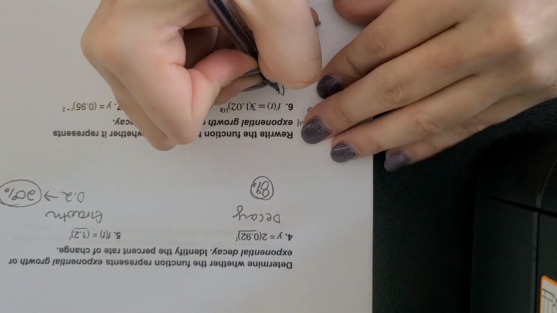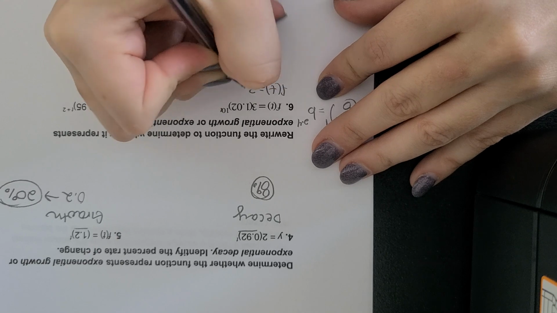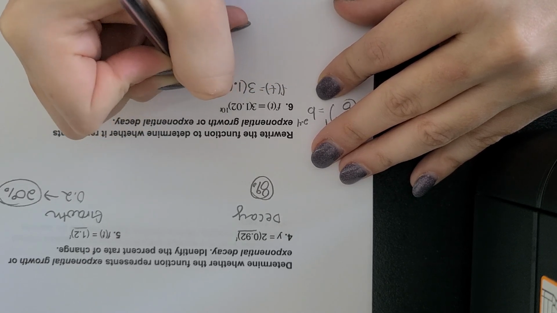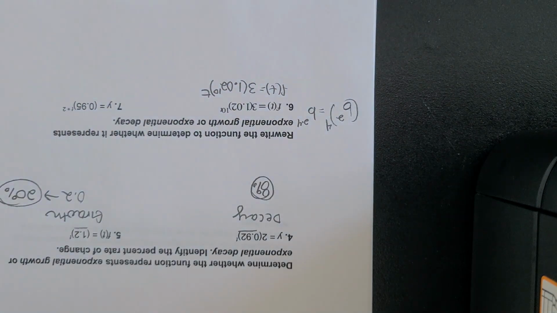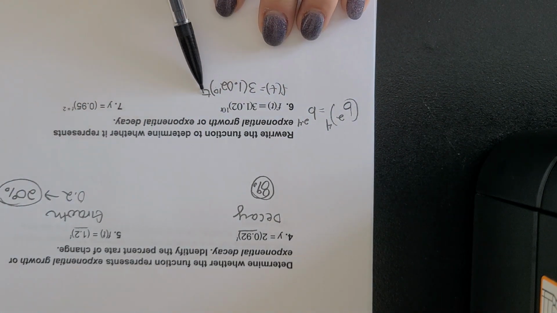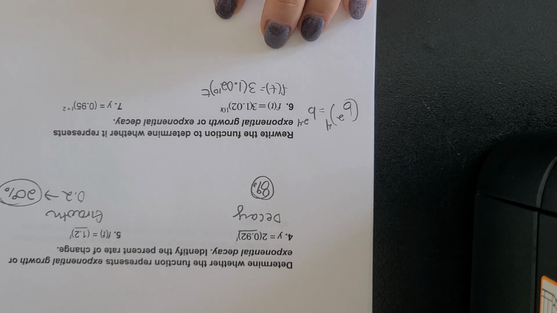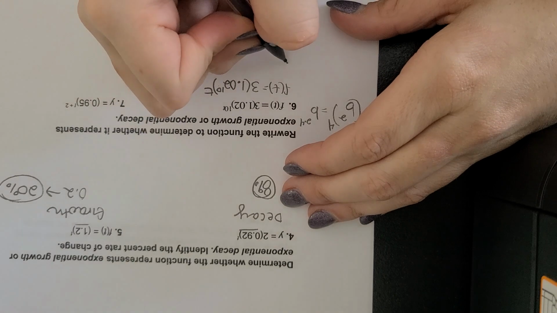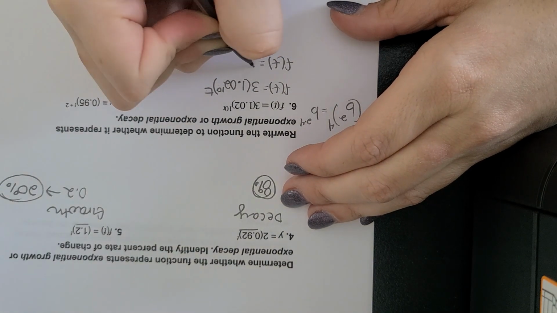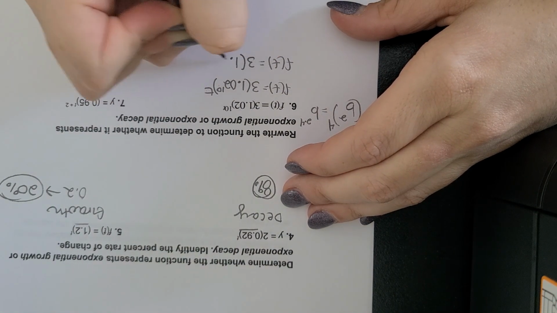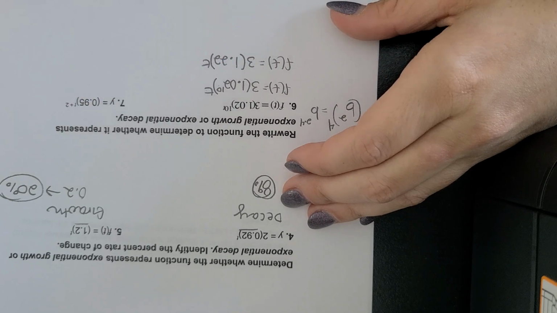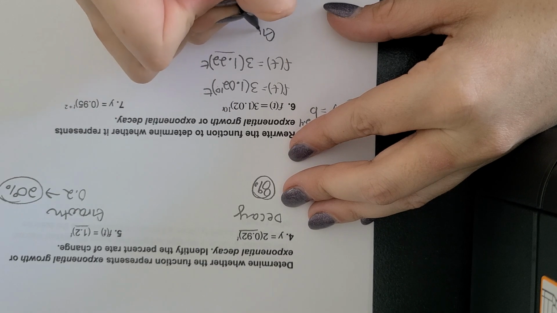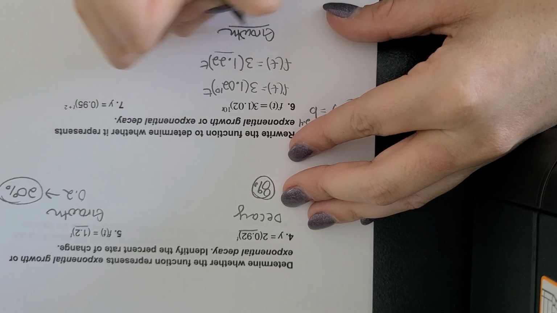So what I can do here is separate them to the 10th, then to the t, because this would become 10 times t, which is what I have here. Then I have to do 1.02 to the 10th. And I get this. This is a number greater than 1, so growth.